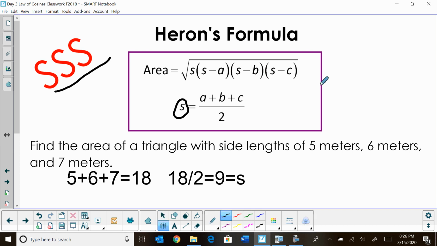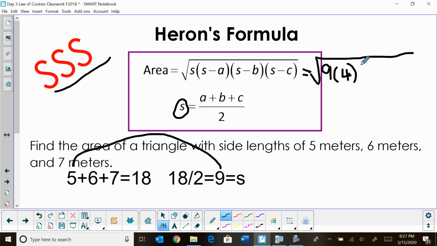So let's calculate this. We take the square root of 9 times, well, 9 minus 5 is 4, so that's my first difference. Then 9 minus 6 is 3, my second difference. And 9 minus 7 is 2.